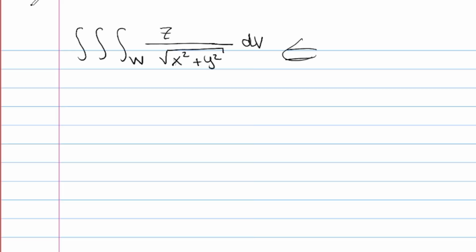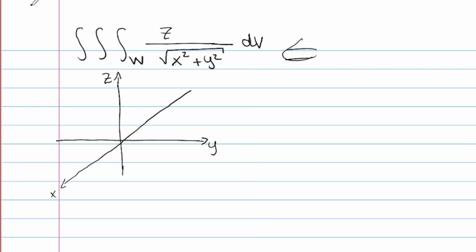Okay, let's try to sketch this solid region. Here it's Y, here we've got Z, and here it's X, right? They say we have z equal to 12, and z equal to 2x² plus 2y² minus 6, right?